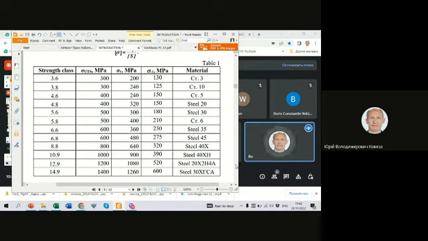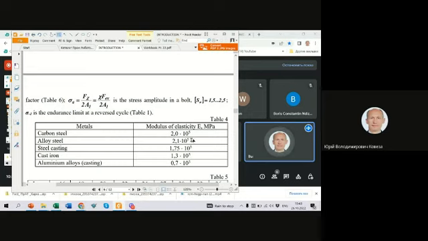So when you know what steel you have, you can take the carbon steel modulus of elasticity or the alloy steel one. Pay attention that E is a very big value, 2 times 10 to the power 5.